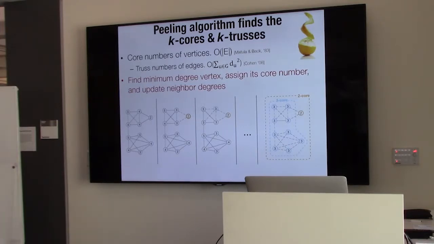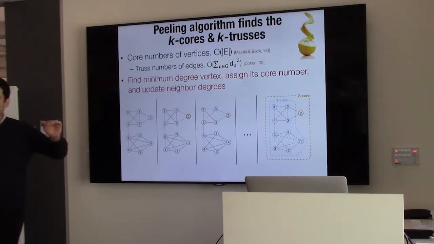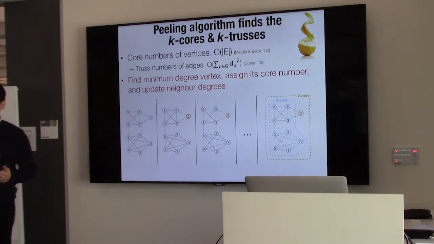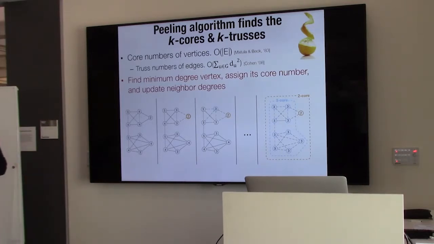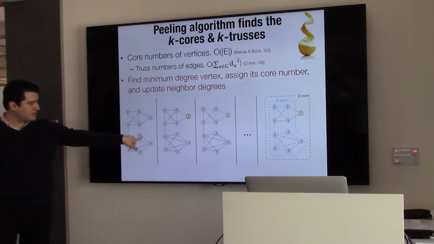And what you do is assign density indicators to each vertex in the k-core case. The algorithm is pretty simple. You start from the degrees, and at each step, find the minimum degree vertex, adjust the neighbor degrees, and then assign the core number. So 2 becomes the minimum degree vertex here.